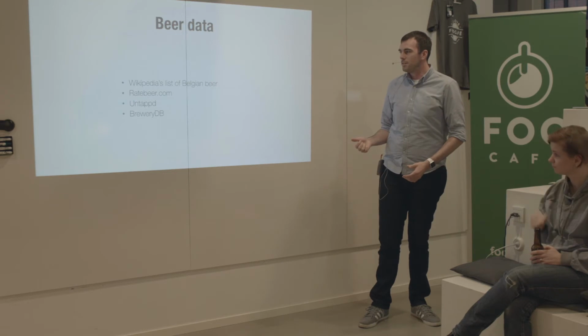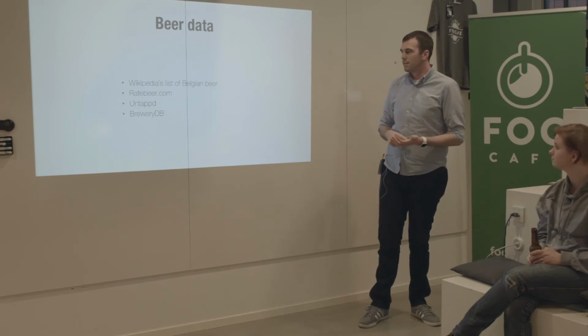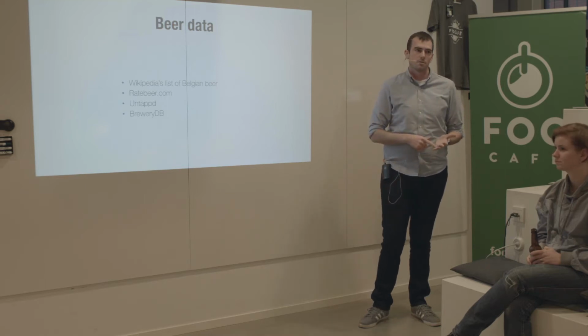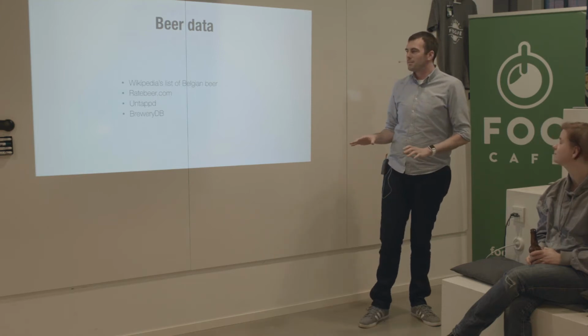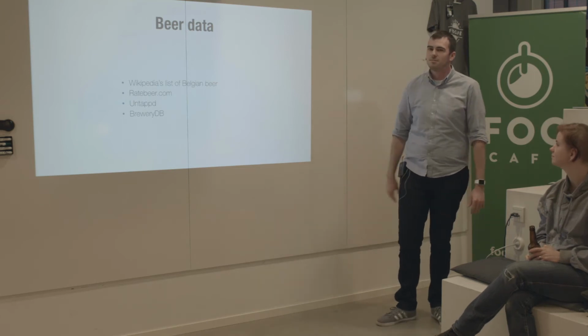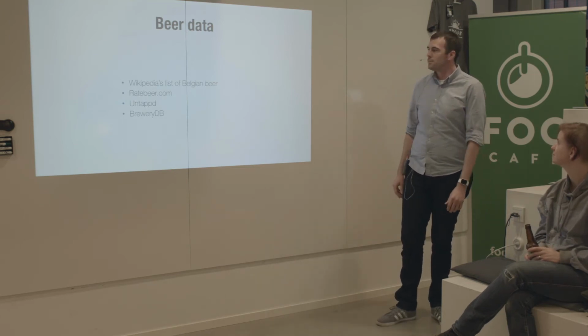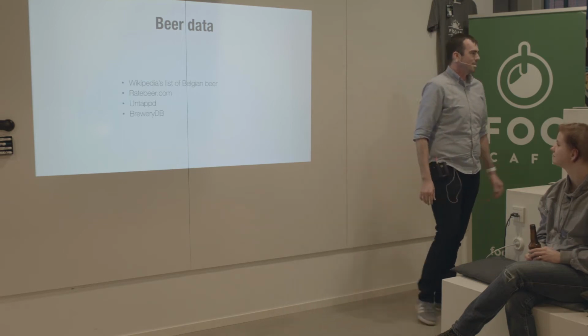Untappd is an app that you can check in and rate beers. And there's another one, BreweryDB, a database that you can use. So if you're ever planning on making a website about beer, it took me a week to research all the beer sources that exist in the world.